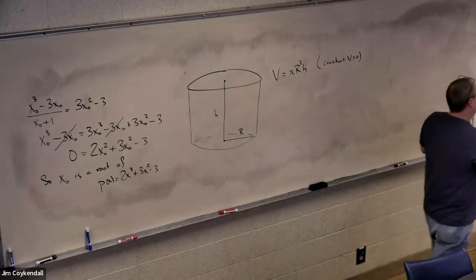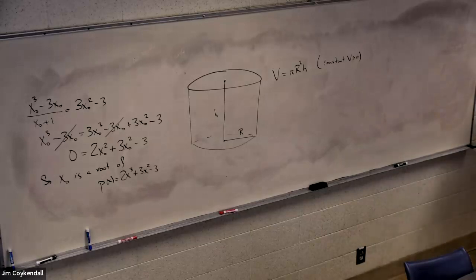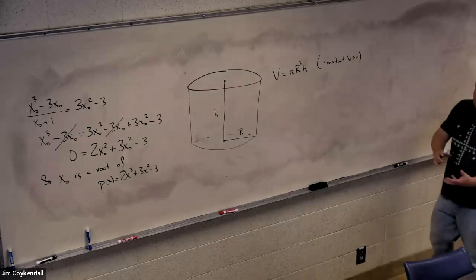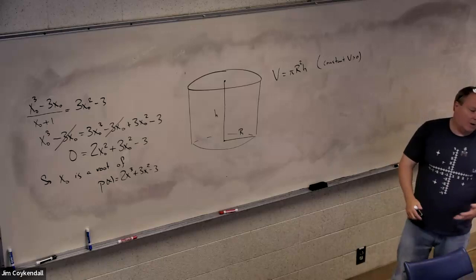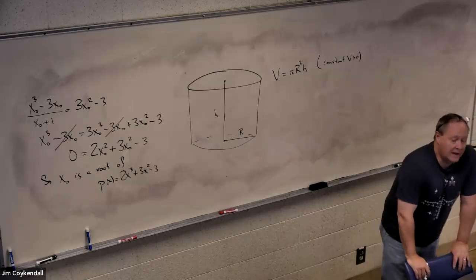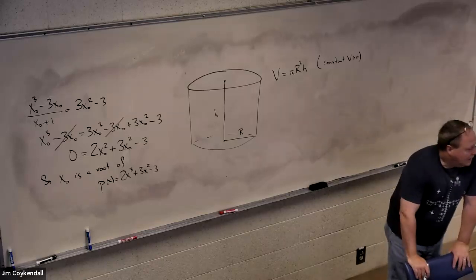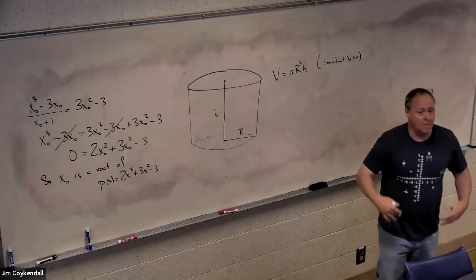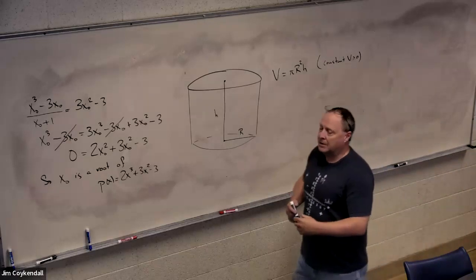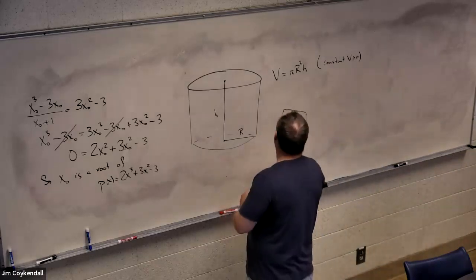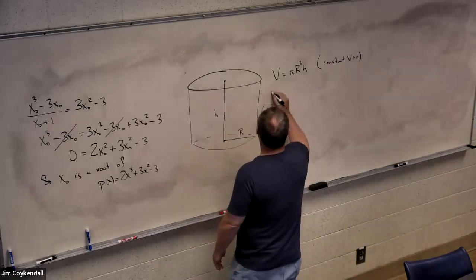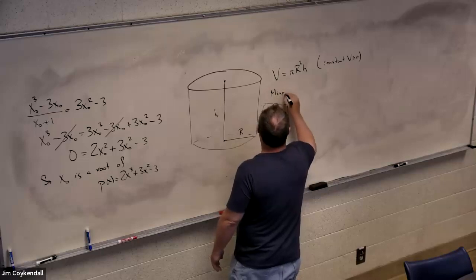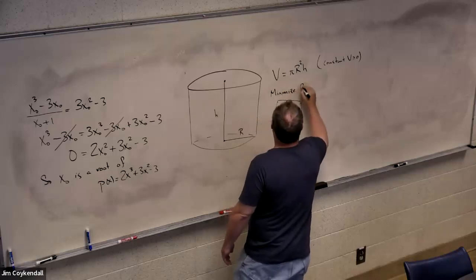Maybe I'm a dog food salesman or something. I want to have my cans of dog food, and I need them to be 16 ounces or whatever it is. But I want to figure out what's the smallest can I can put it in. I want to minimize the amount of material, the surface area that I use. So what we're trying to do is minimize surface area.